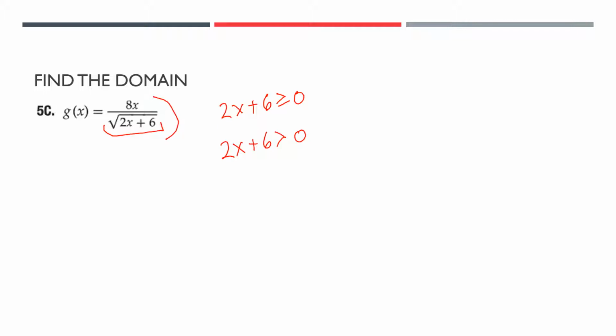As I am looking at this problem, I'm going to start by solving it just like I would a linear equation. 2x is greater than, and I subtract 6 from each side. Divide by 2, x is greater than negative 3. So this is the only information I need. As long as x is greater than negative 3, this thing is defined.